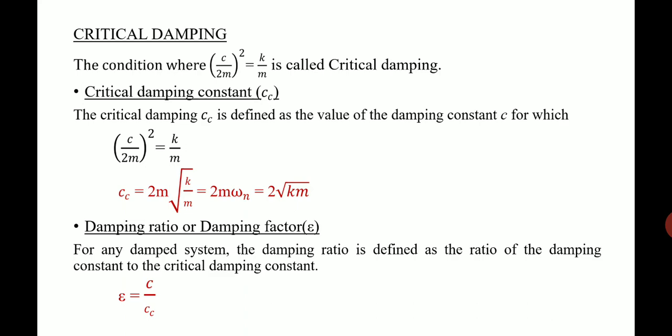The damping ratio or damping factor is represented by epsilon. In some textbooks, it's represented as theta. So here we are taking epsilon is equal to C by Cc, where C is the damping constant and Cc is the critical damping constant. So these will be useful when you are doing problems.